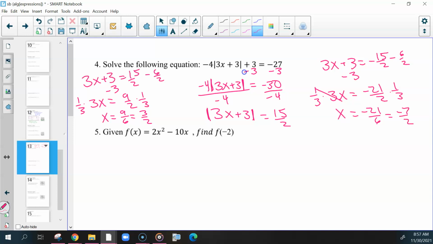So we have negative 7 over 2 and 3 over 2. So our solution set would be negative 7/2 and 3/2.